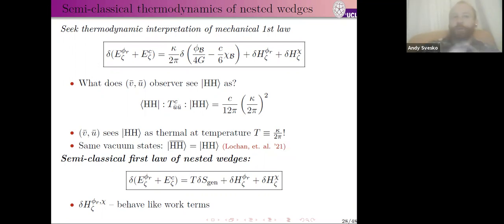And they considered an infinite sequence of nested Rindler wedges. And they found that in flat space that indeed this is the case, where each nested observer will see the equivalent of the Hartle-Hawking state as a thermal state, but with respect to their acceleration, so they have a different temperature. So our calculation here is the AdS2 realization of their results.